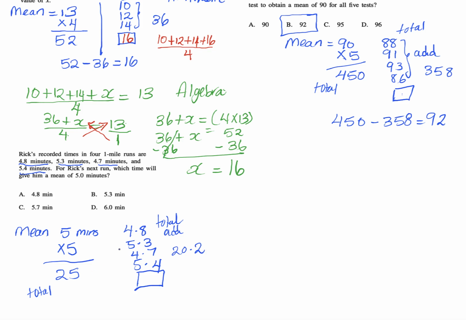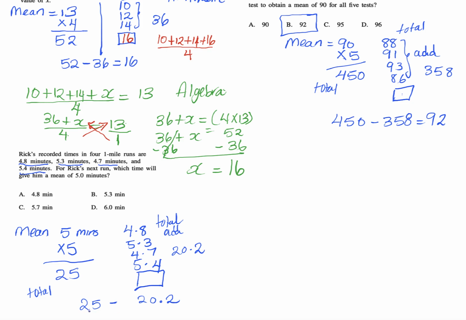So to find the 5th time, we're going to take 25 minus 20.2. And you can look here and kind of figure out your answer, because this is 25 and this is 20, and you know that it's going to be less.